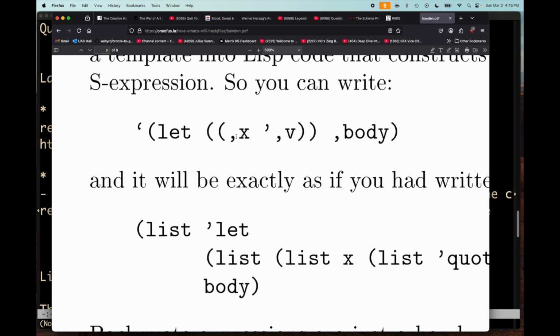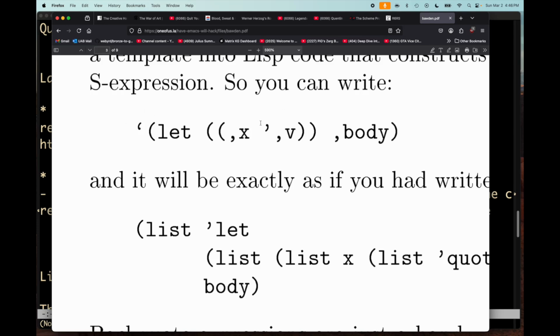Comma X. But here we now have two types of quotes. So we have the regular quote, and then we have the quasi quote, or the back quote. This is actually a back quote, the thing all the way on the left. That's what a back quote looks like. It looks like kind of the upside down version of the quote. So this is a quote, and this is a quasi quote or back quote.